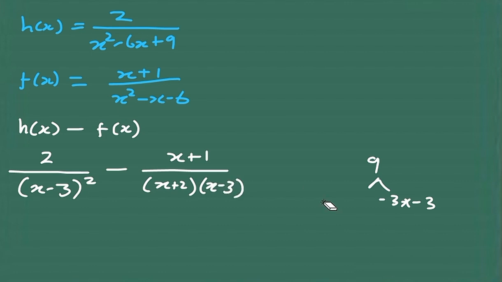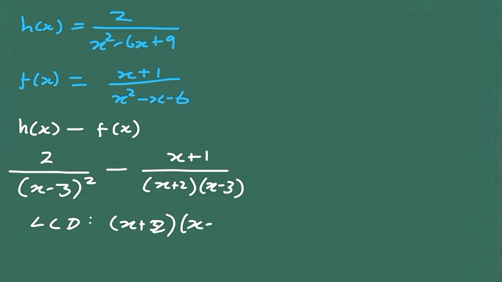So we have the lowest common denominator for this expression to be x plus 2 times x minus 3 all squared. So when I take this common denominator and multiply it by this one, x minus 3 all squared is gone. We are left with x plus 2.